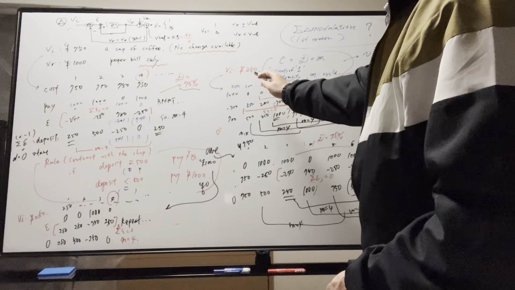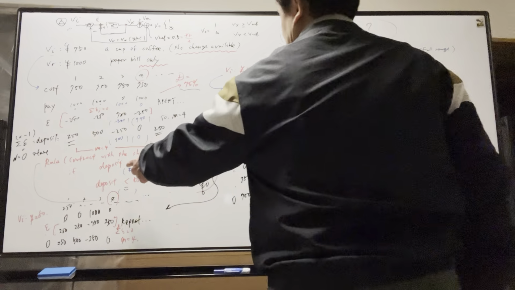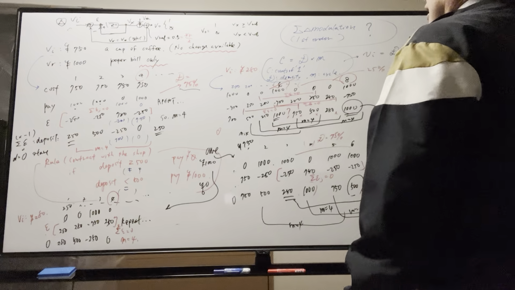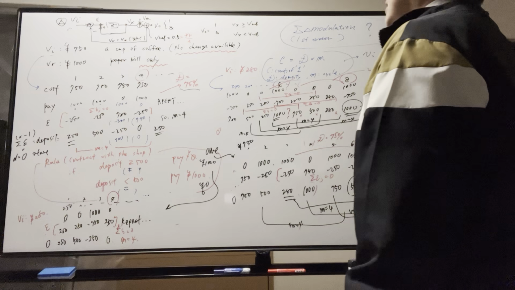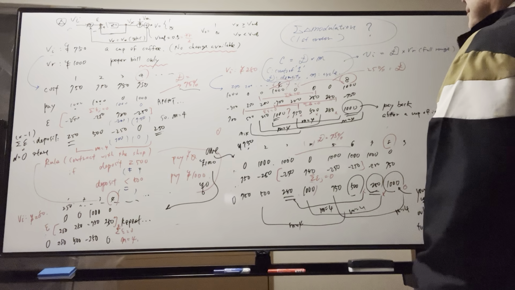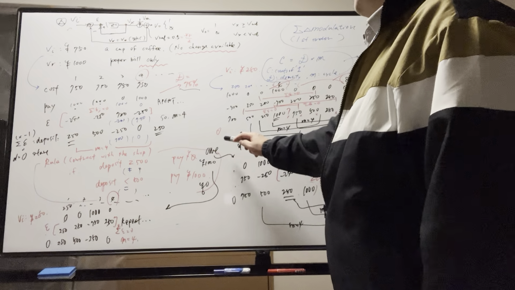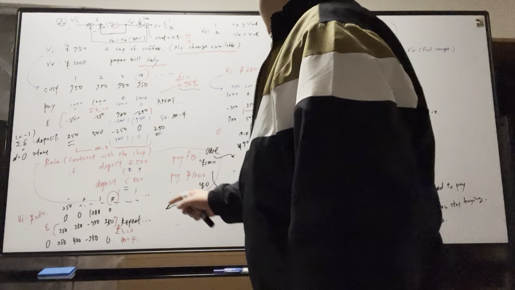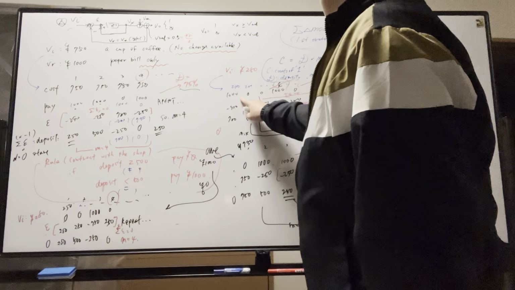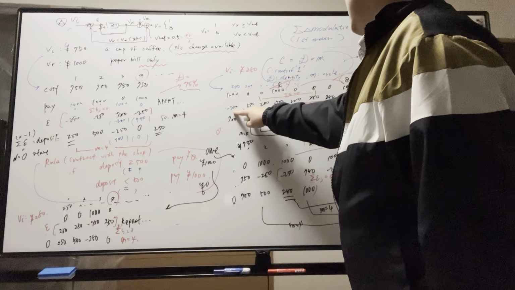And this case is making a rule contract with the shop on a deposit basis. The price is 250, and at first you deposit 0, and then you pay 1,000, and 1,000 minus 250 is 750.